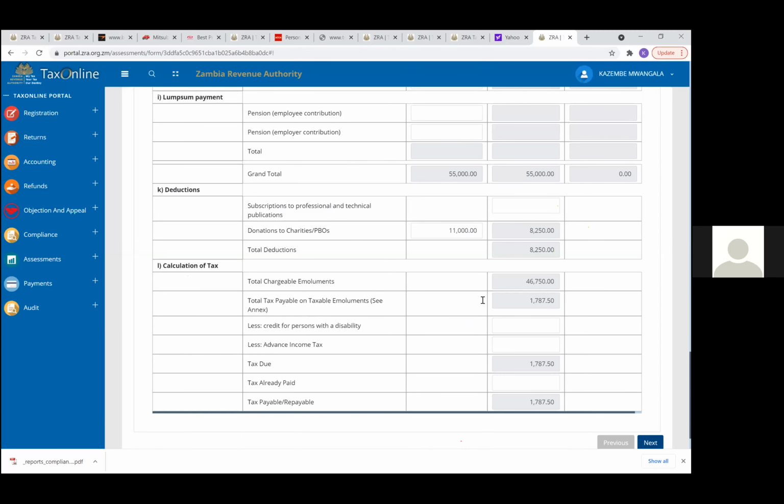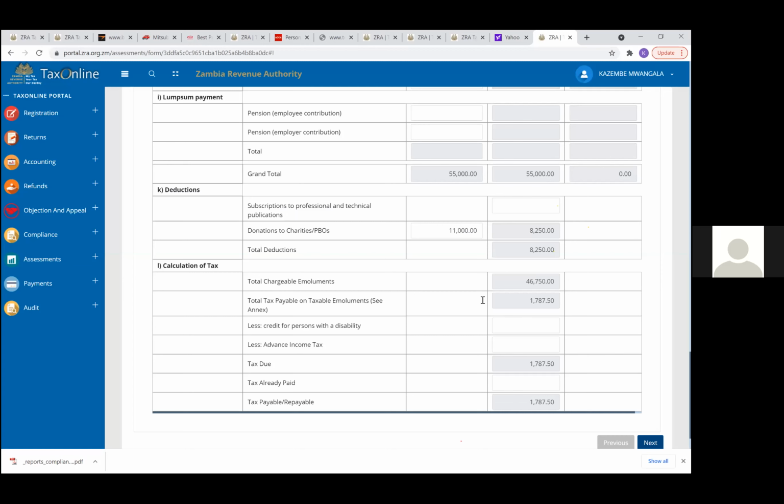So let me remove this so that I demonstrate something. You will see that here we've got what is called total chargeable emoluments. So we've got a grand total here. A deduction, like I said, reduces chargeable emoluments, so that is the base upon which we calculate tax.